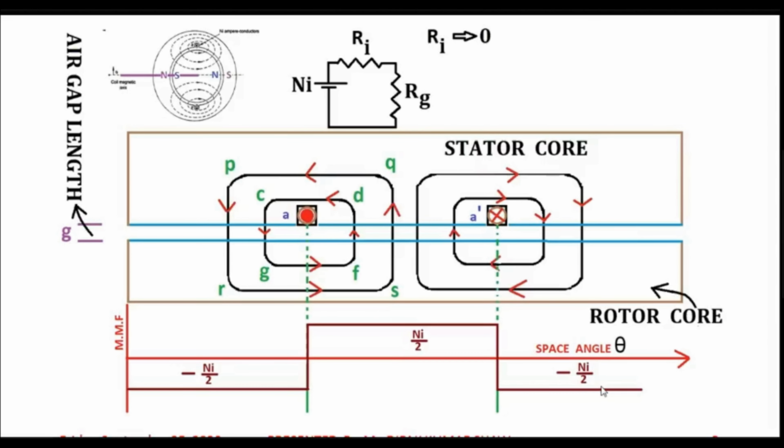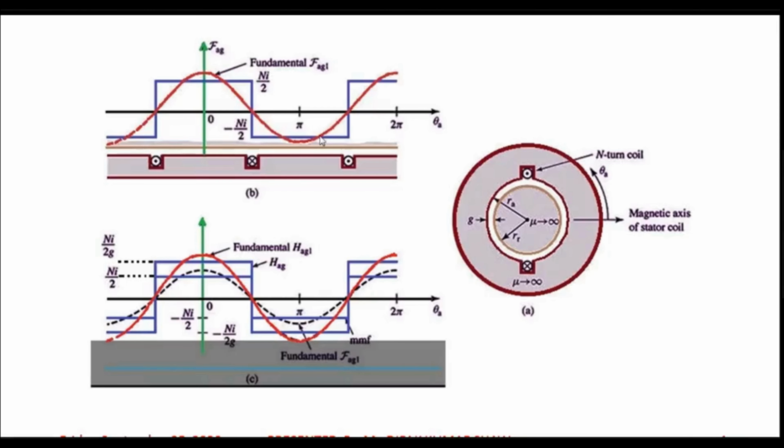But what we are assuming is that we are applying Fourier series expansion, and by applying that Fourier series expansion, this rectangular MMF wave is actually expressed as a summation of a large number of sinusoidal waves, and out of those sinusoidal waves, that sinusoidal wave which is having the same zero crossing and same time period as that of the rectangular mmf wave will be termed as the fundamental component.